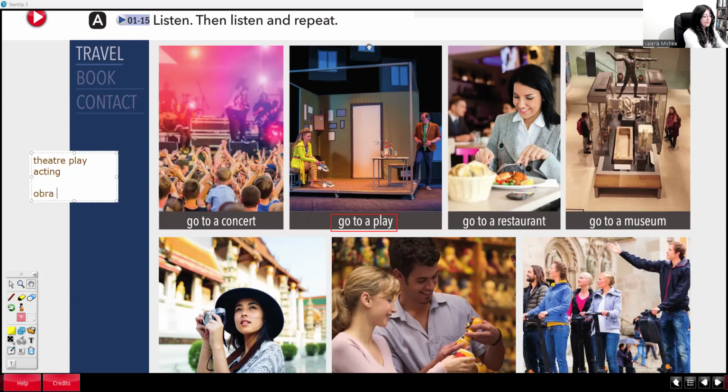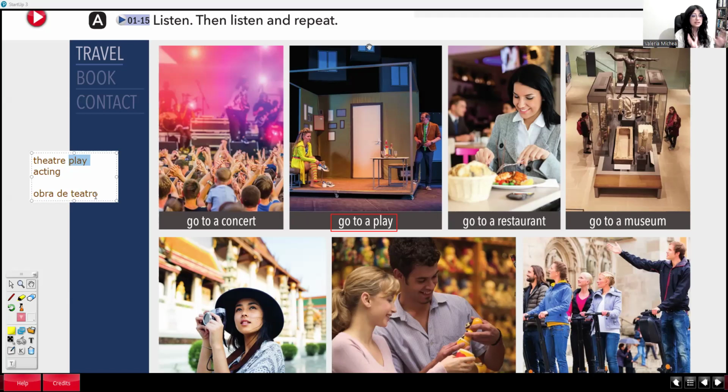So play is a very versatile word in English. Sometimes it means to play, like jugar, something. It may also mean to play an instrument, for example, tocar un instrumento. And in this case, it means play, una obra de teatro, right?